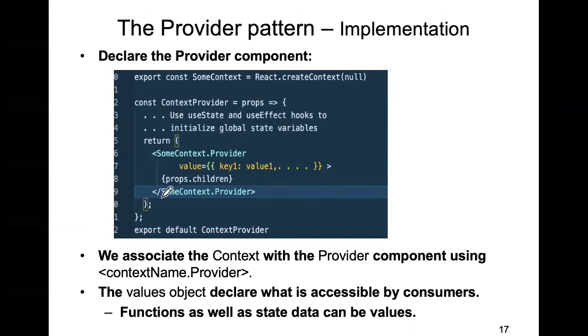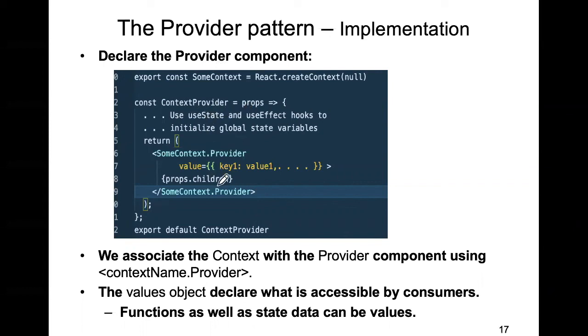So there's a lot going on there now, but let's take that for now. That's my provider. Declare your context, do your normal use state, use effect stuff to access the local data.